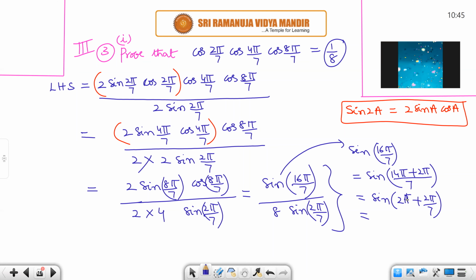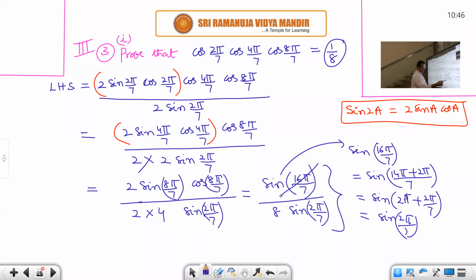Sir, sin theta, sir. So sin of 2 pi plus 2 pi by 7 is equal to sin 2 pi by 7. That means the numerator sin 16 pi by 7 is equal to sin 2 pi by 7. They will cancel out and you will get the answer as 1 by 8. Okay, so that is the right hand side.